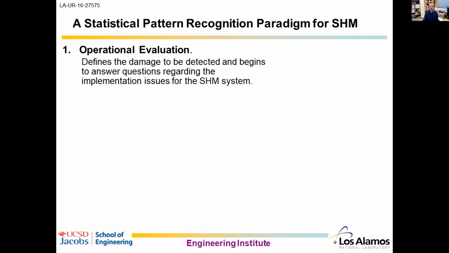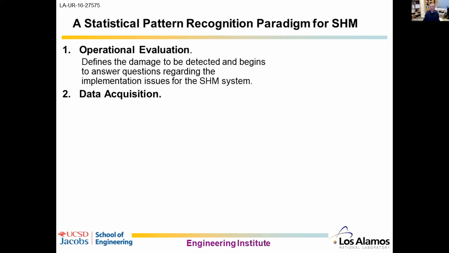So the first one I just refer to as operational evaluation. You have to define the damage you're trying to detect. If you can't do that and you put sensors out there and identify damage, you're going to be somewhat lucky in doing it if you haven't defined the damage up front that you're trying to detect.